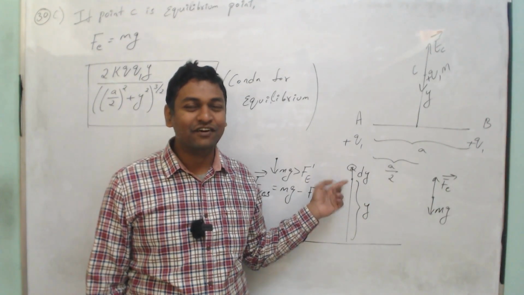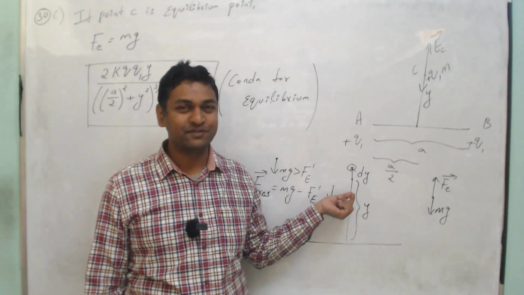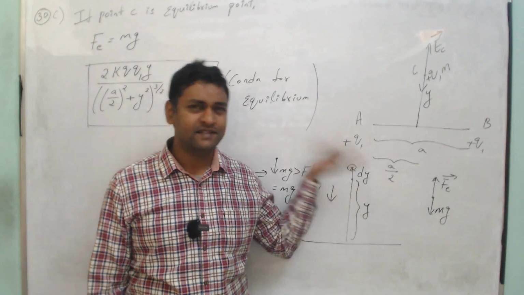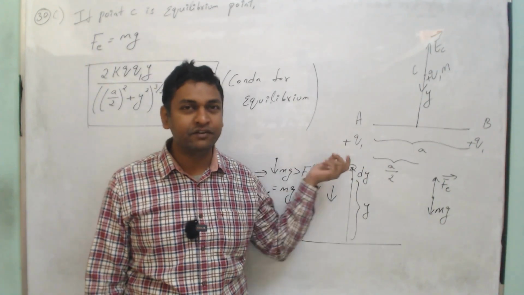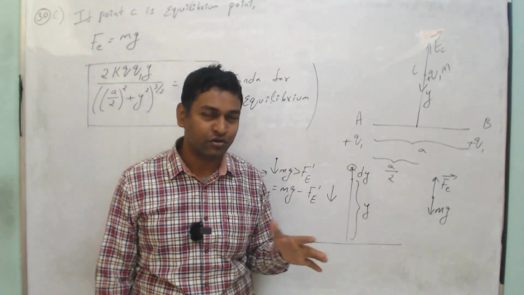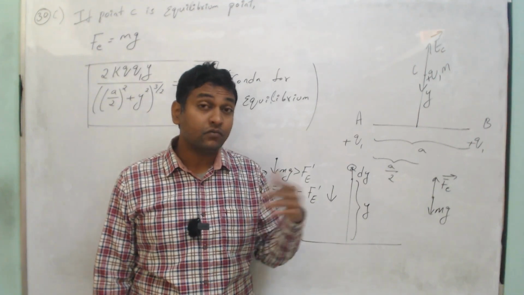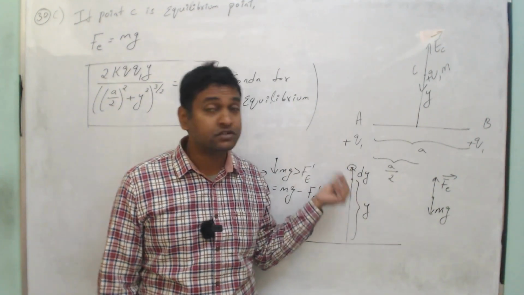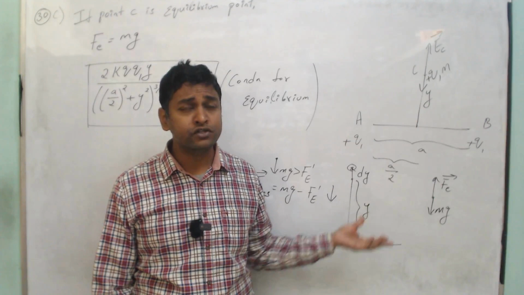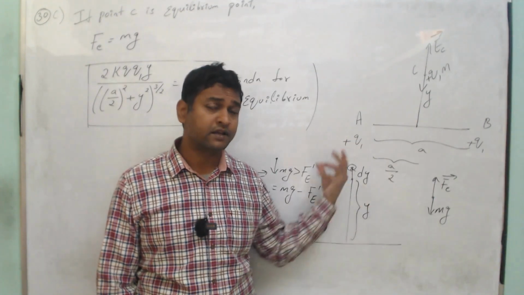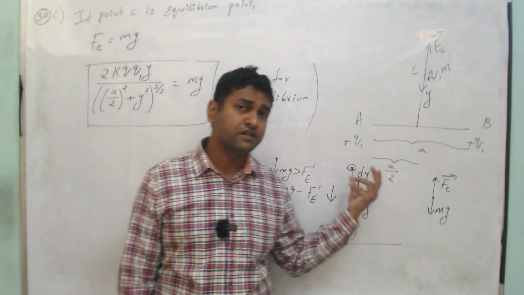So, what do we do? Shift the charge by a small distance and leave it, and see if it will come back to the same position or not, right? To know if it will come back to the same position or not, I have to study the forces that are exerting on the charge again.